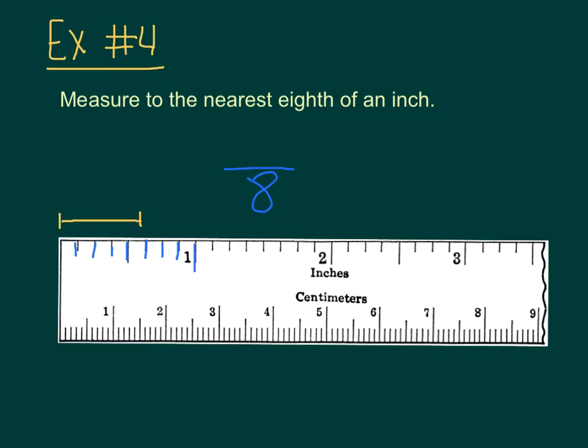My line doesn't quite make it to the 1. Here's the 1. My line doesn't make it there, so it's got to be less than 1. So let's count up to where the line does go. It goes up to 1, 2, 3, 4, 5 eighths.